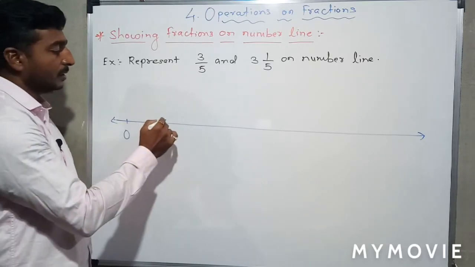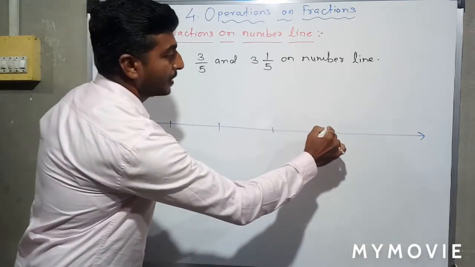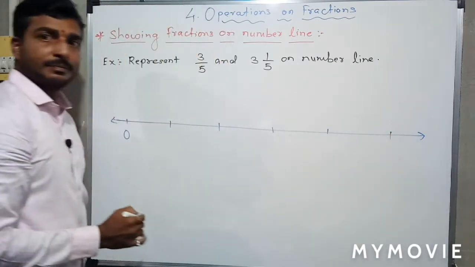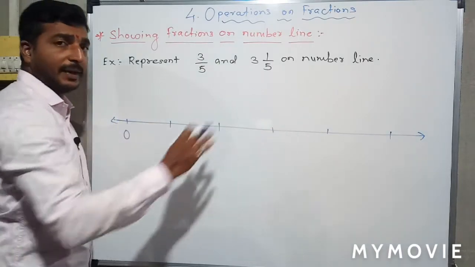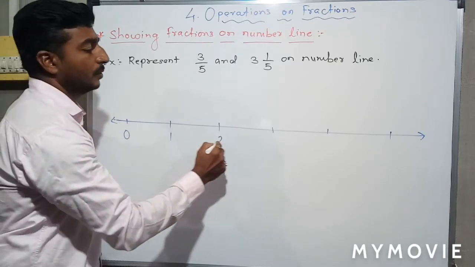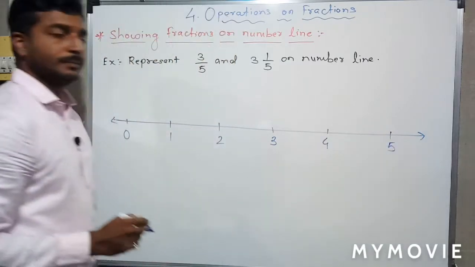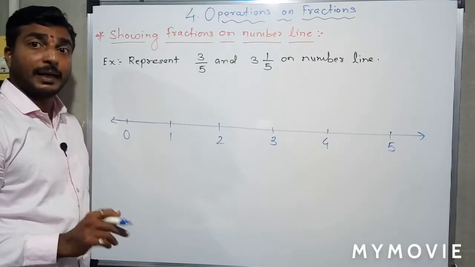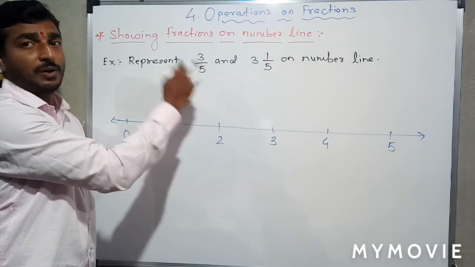Unit distance means there are lines which are at equal distance like this, and on this line, which is divided into the unit distance, we represent the numbers 0, 1, 2, 3, 4 and 5. So this is the number line, and you have to represent the fractions on the number line.